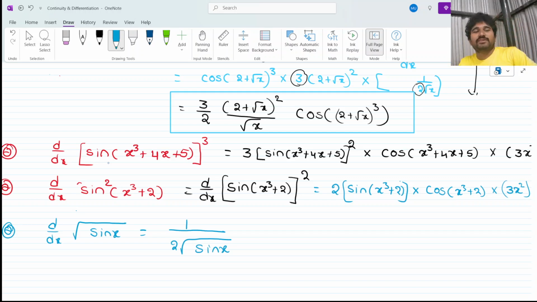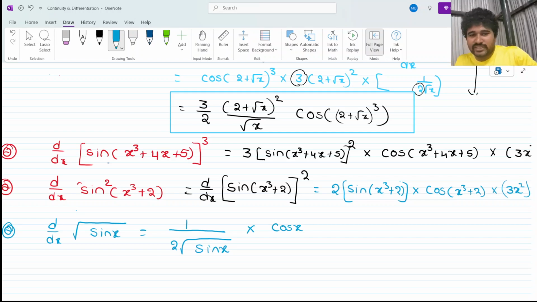Root of something, its differentiation is 1 by 2 root of something. Who is something here? Sine x. So its differentiation we have to write. What is the differentiation of sine x? Cos x. That's it. There is no something inside the sine.